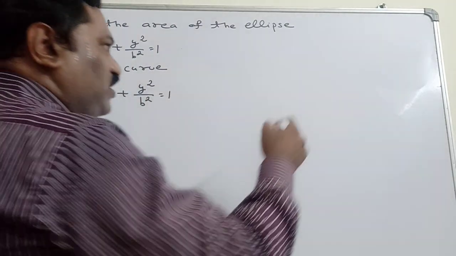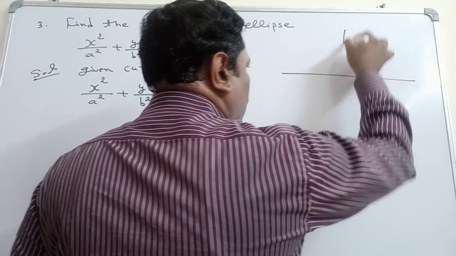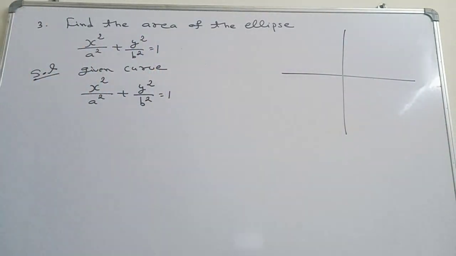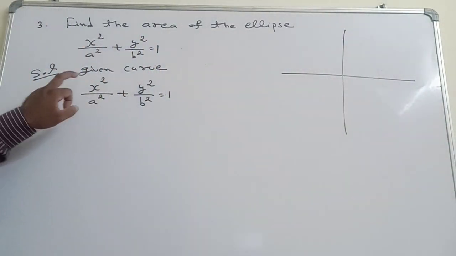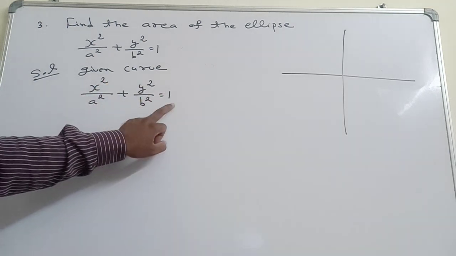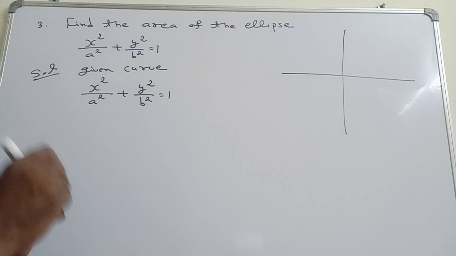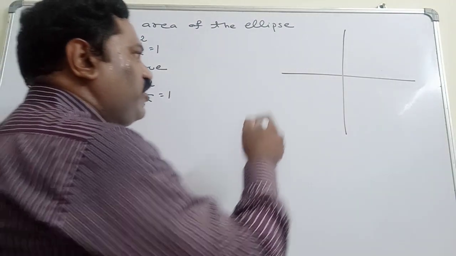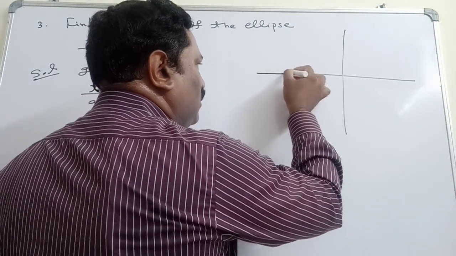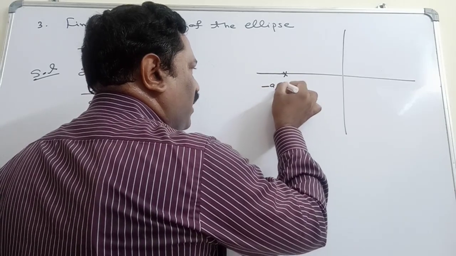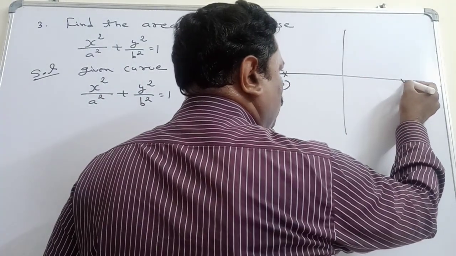For this, if you draw the graph of this ellipse, if you keep y is equal to 0 in the given equation, then we get x square upon a square is equal to 1, means x square is equal to a square, means x is equal to plus or minus a. It meets the x-axis at minus a comma 0 as well as at plus a comma 0.